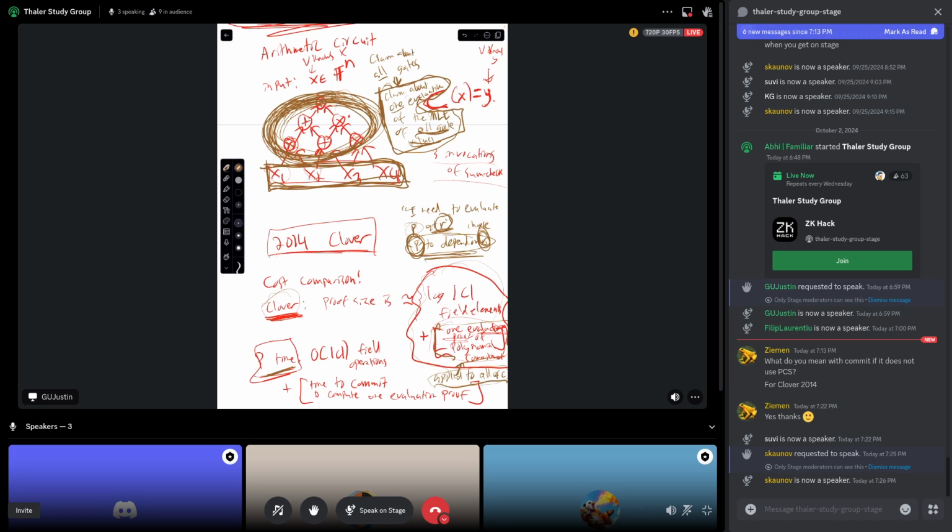Or does this circuit get another commitment or somehow get schemed and compressed?